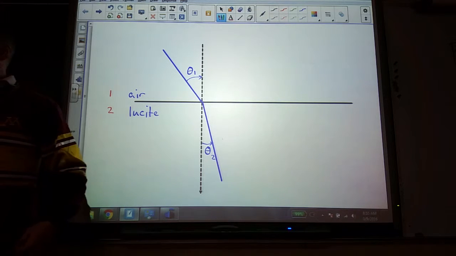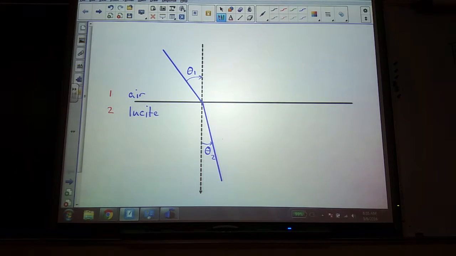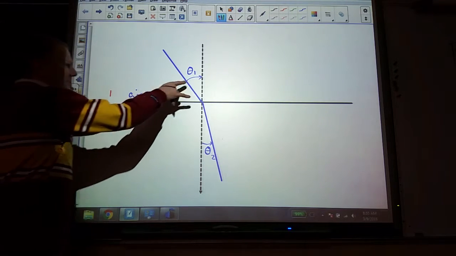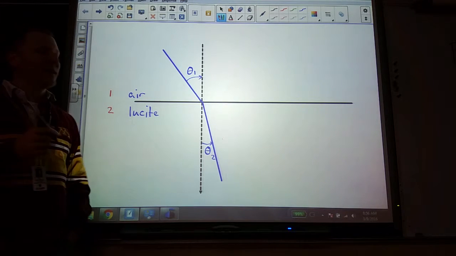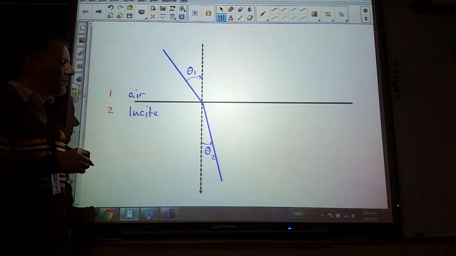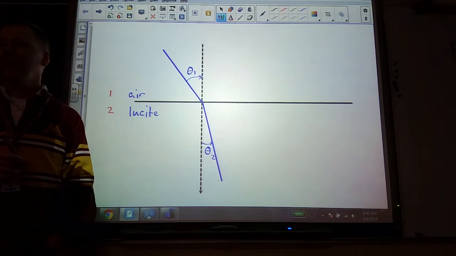And then the last part of this was, now compare these. What do you see when you compare these two angles, and how are they related? They're related by something called an index of refraction.